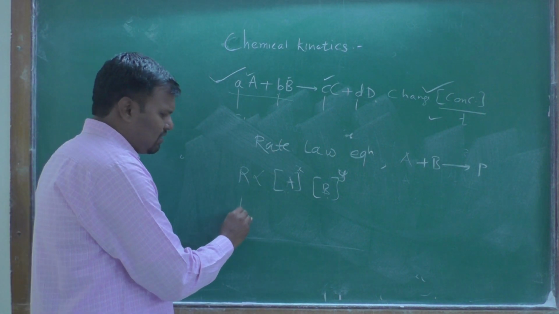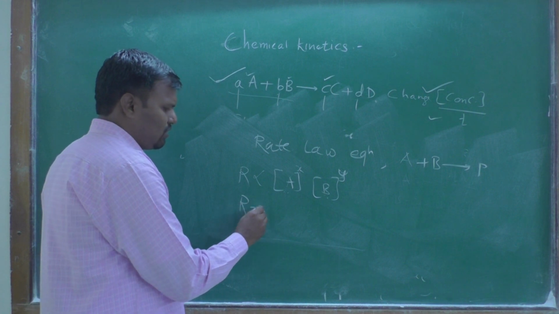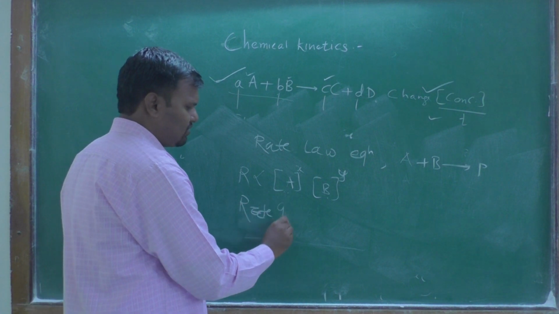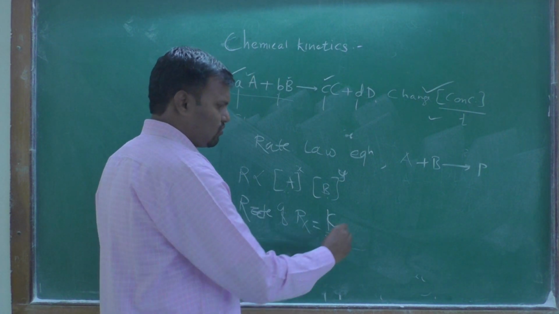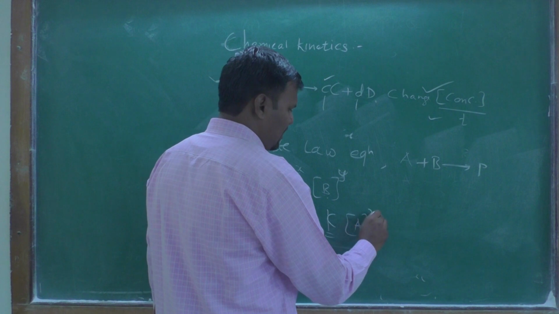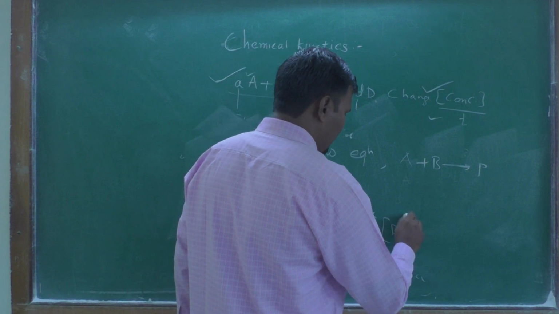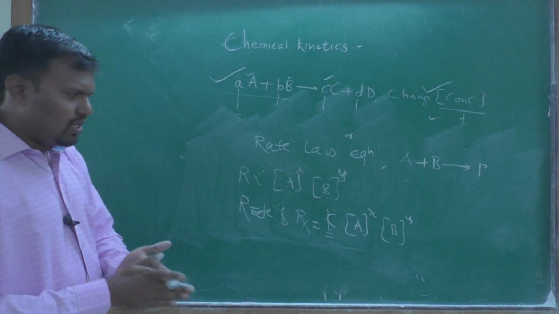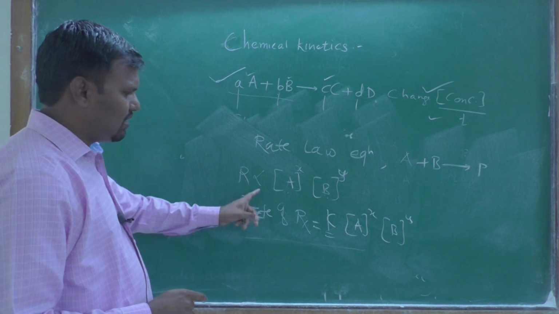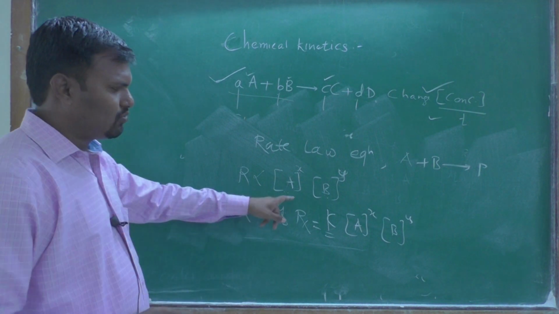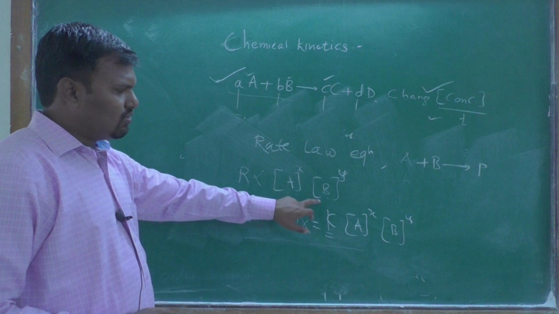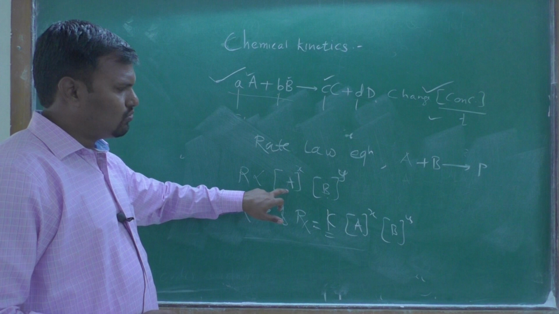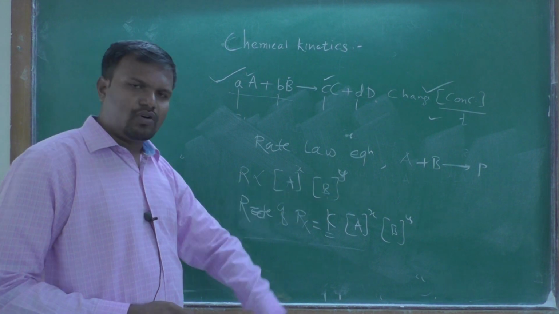Then the rate of reaction R is equal to k, where k is the rate constant, times A raised to x and B raised to y. This is the equation when we remove the proportionality. Rate is directly proportional to the concentration of A and the concentration of B, A to the power x and B to the power y.